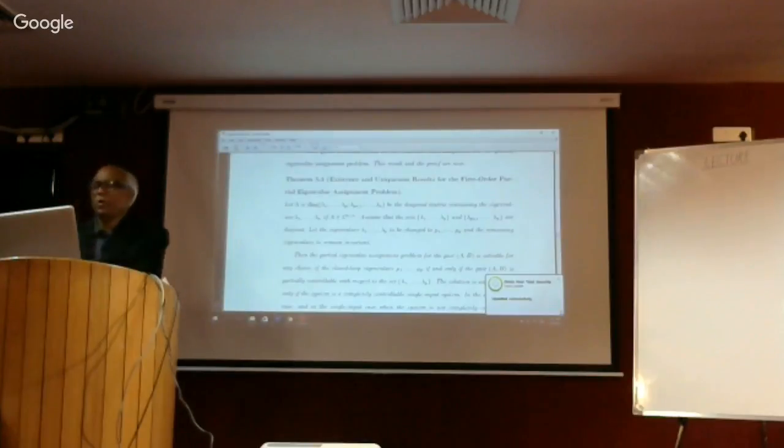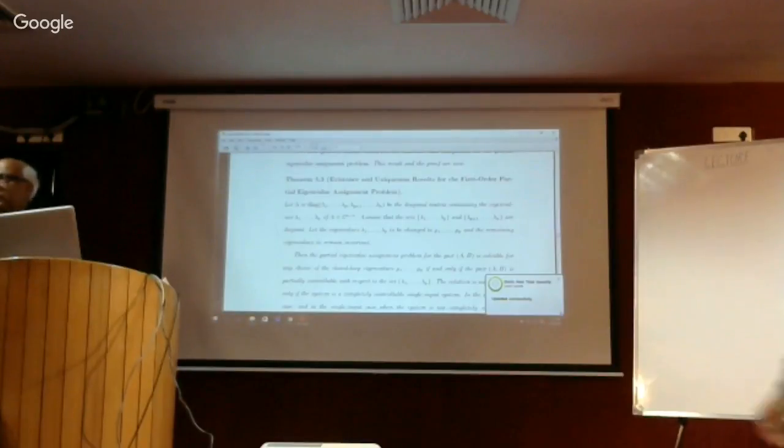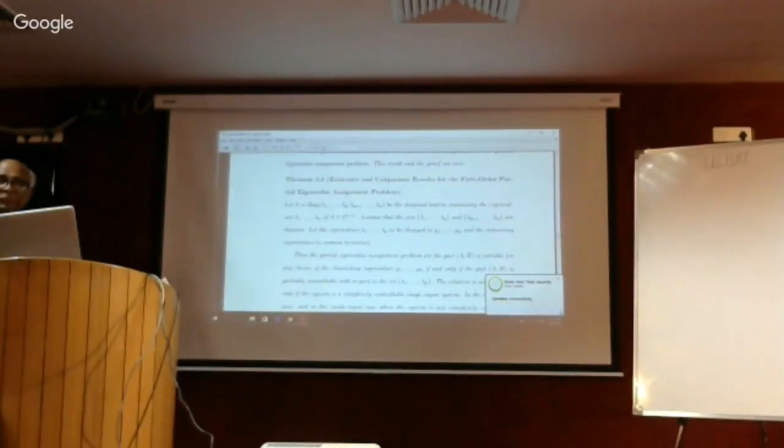So what we want to do is construct a feedback matrix such that the closed-loop system has those p eigenvalues reassigned to a given set of numbers, and the remaining n minus p eigenvalues and the corresponding eigenvectors will remain unchanged.